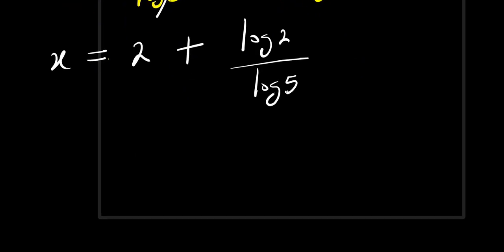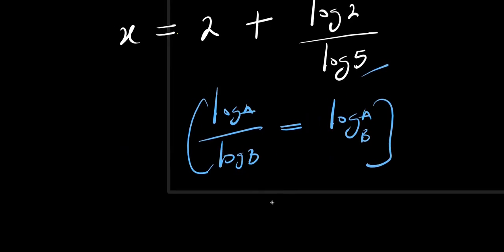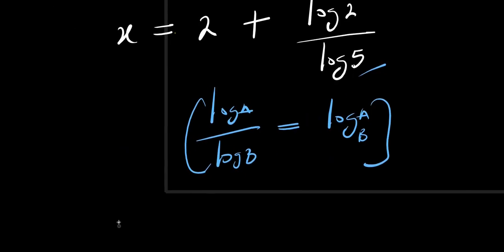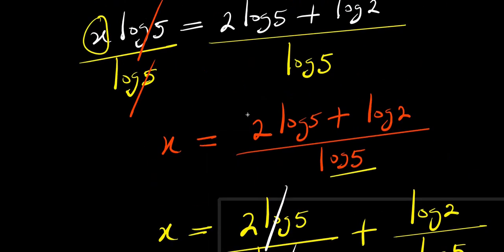Now remember that if you have log a divided by log b, this equals log a to the base of b. Applying that here, I will simply have x equals 2 plus log 2 to the base of 5. So this is our answer, 2 plus log 2 to the base of 5.